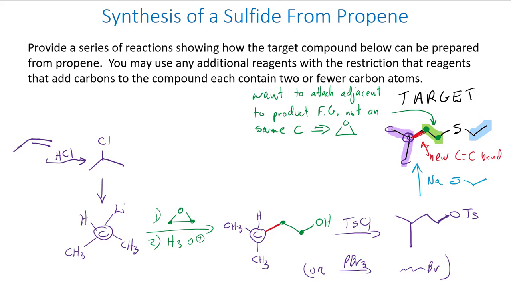We then made that from the epoxide because we wanted that functional group to be one carbon away from the carbon that was the point of attachment to the organometallic. Which again requires the use of an epoxide with the organometallic, which we made in 2 steps from our alkene.